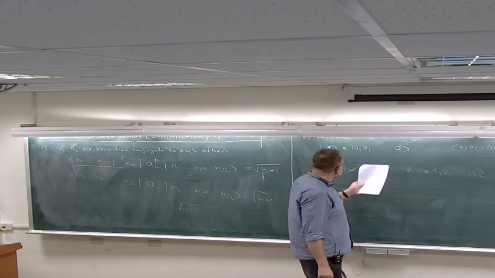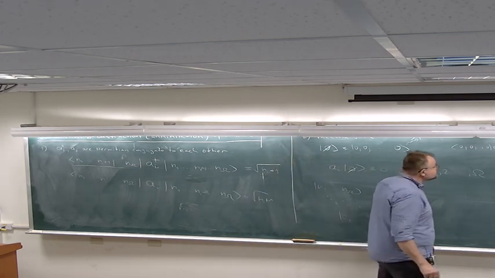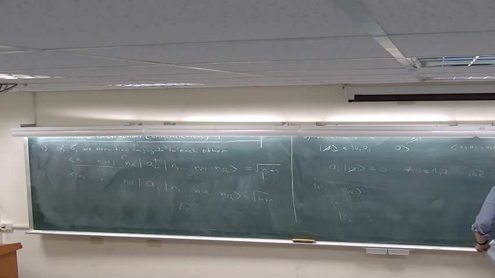Great. And if I have such a vector, then any other state can be generated from the vacuum: any arbitrary state I can just write as creation operators acting on the vacuum.